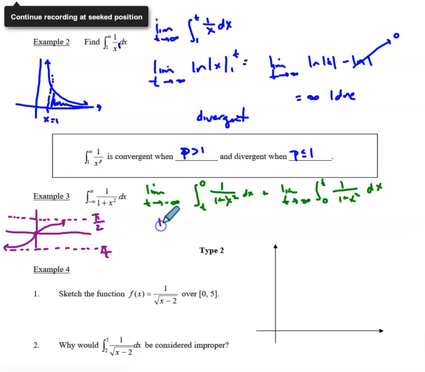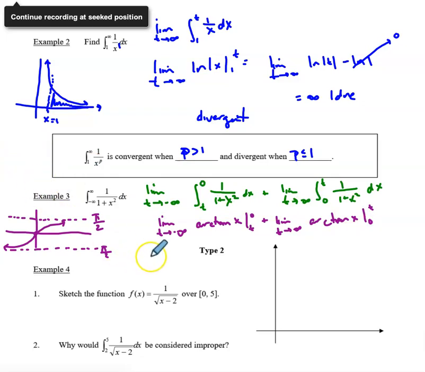Well, let's go ahead and do this integration. The limit as t goes to negative infinity of the integral of 1 over 1 plus x squared is arctan of x, and I'm evaluating that from t to 0. And then my next integral is the limit as t goes to infinity, and again I integrate to arctan, and now it's from 0 to t.